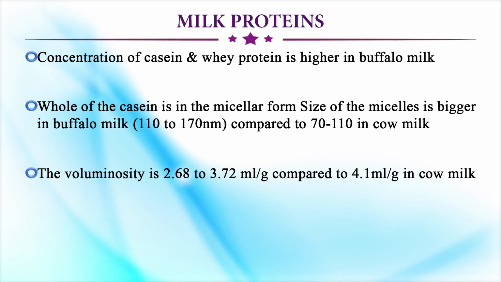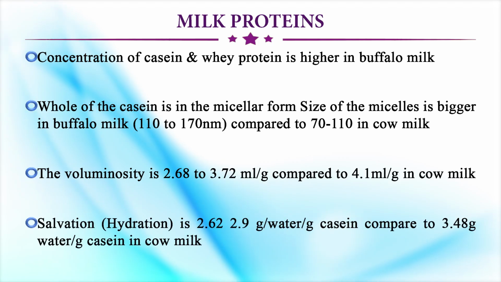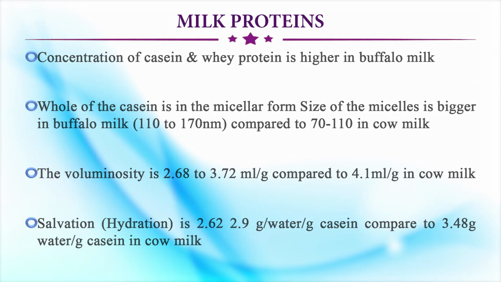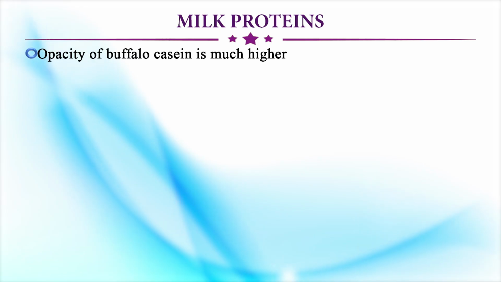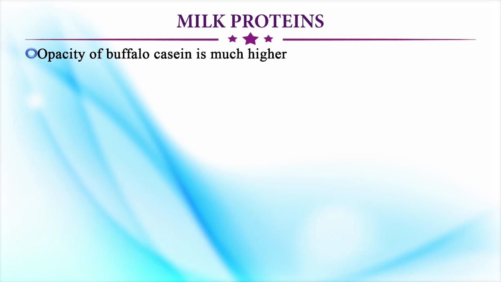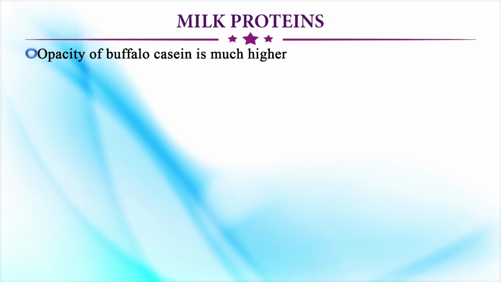The voluminosity is 2.68 as compared to 4.1 in the cow milk. Solvation, that is hydration, is 2.62 and it is 3.4 in the cow milk. The opacity of the casein is much higher and they contain higher proportion of calcium, but there is a lower sialic acid.